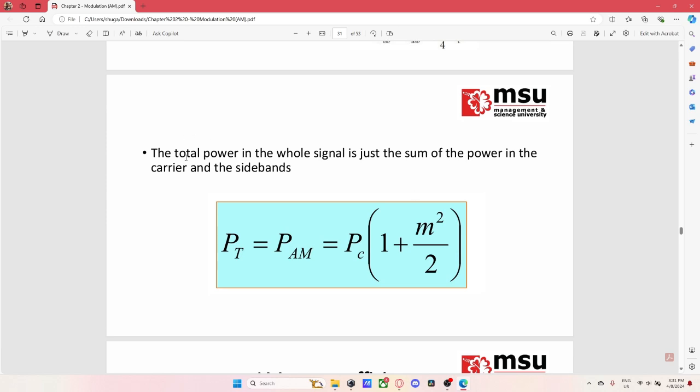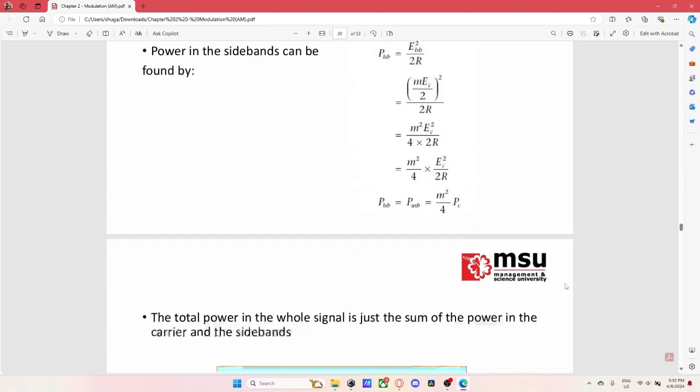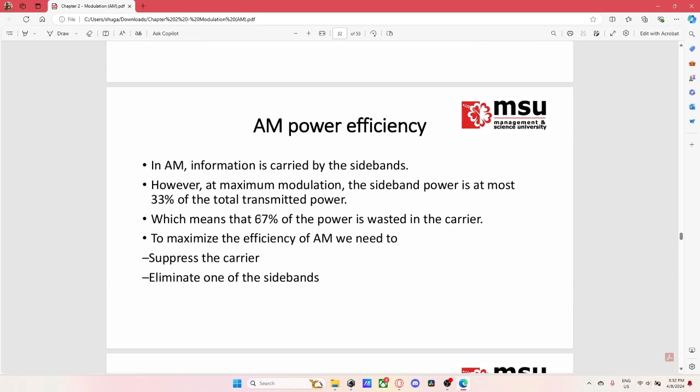So this is the sum for PT. PT is equal to PAM, it's the same thing, no need to worry about both of these terms, equal to PC times 1 plus M squared over 2. Now, AM power efficiency.